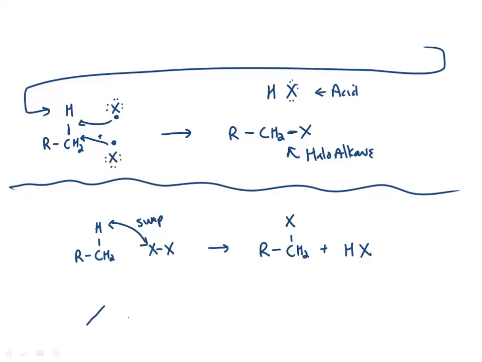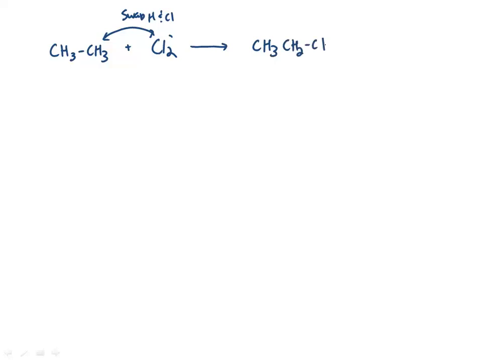Okay, so the other way we can always show these is with actual molecules. So for instance, if I drew this, I guess I'll go to a new page. If I say that this is CH3, right, plus HCl, plus Cl2, what I'm saying is that I'm going to swap a hydrogen and a chlorine, H and Cl, and I get CH3CH2Cl plus HCl.